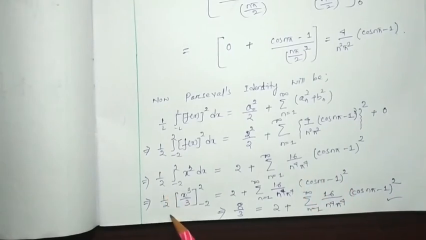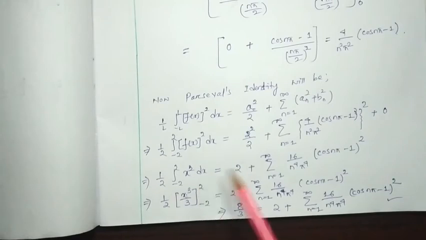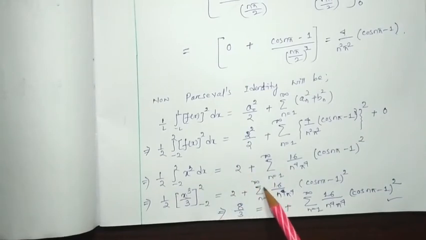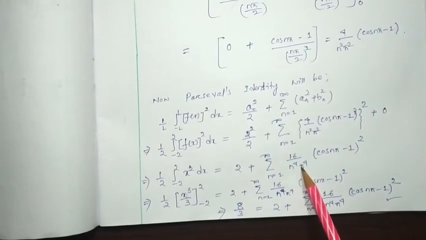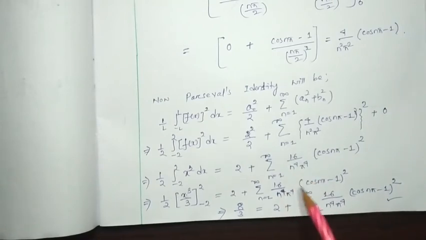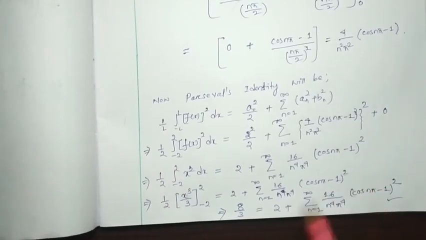That implies 1 by 2, integration of this one will be x cube by 3 from minus 2 to 2, it will be 2 plus summation over n equal to 1 to infinity 16 by n to the power 4 pi to the power 4 into (cos n pi minus 1) square.